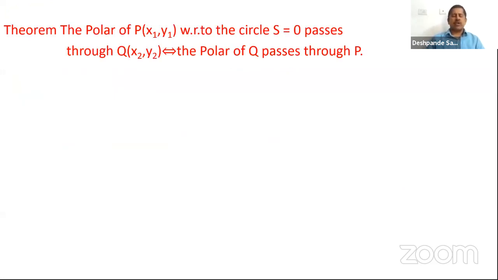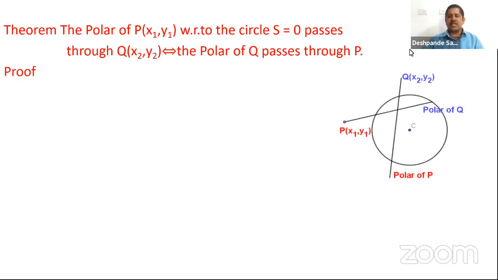Before getting to conjugate points and conjugate lines, we discuss a small theorem here. The polar of P(x1, y1) with respect to the circle S is equal to 0 passes through Q(x2, y2) if and only if the polar of Q passes through P. So the polar of P passes through Q and the polar of Q passes through P. That is the condition here. Just see the figure.